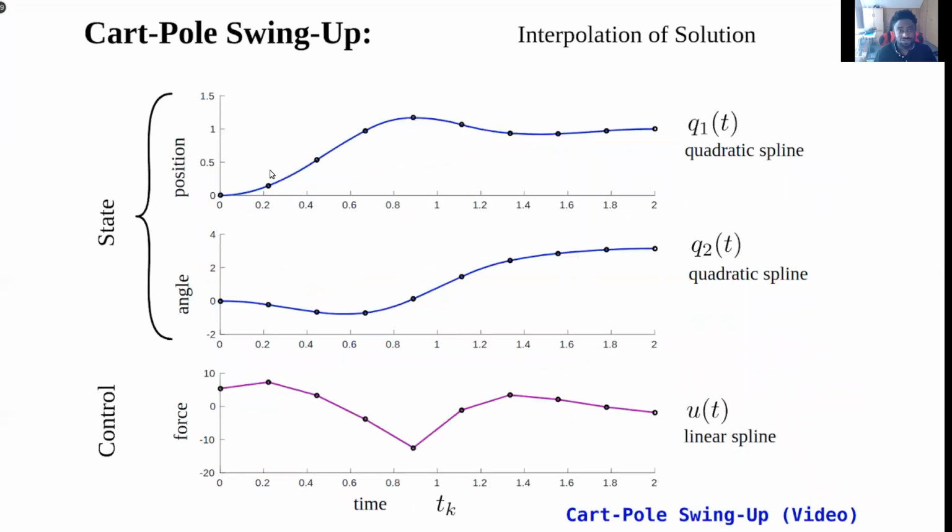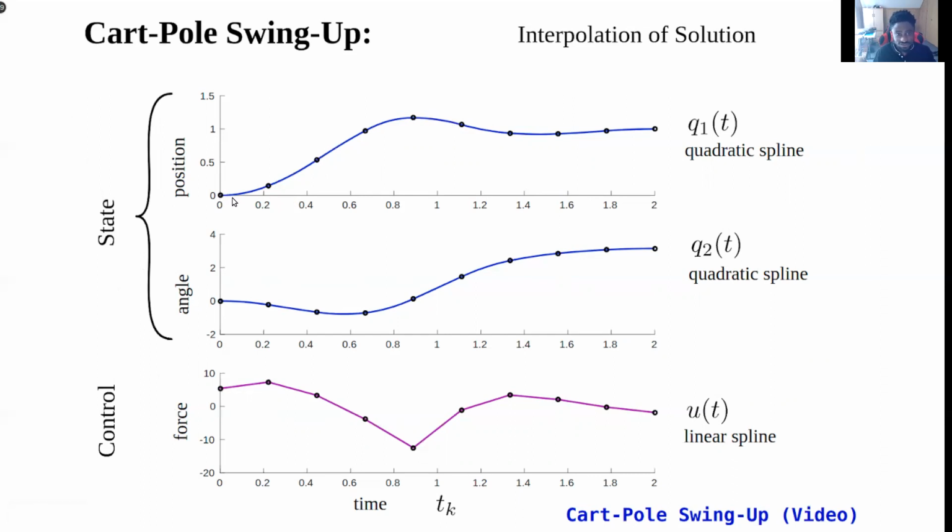There are various methods for interpolation. You could use a quadratic spline that basically comes up with a quadratic function between consecutive points, or we could use a cubic spline that's much finer. Usually the interpolation for the state should be an integral of the interpolation for the control.